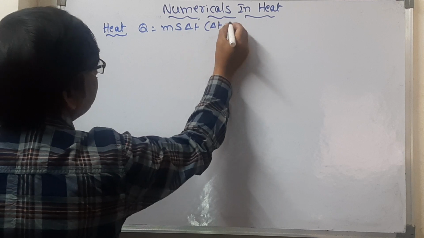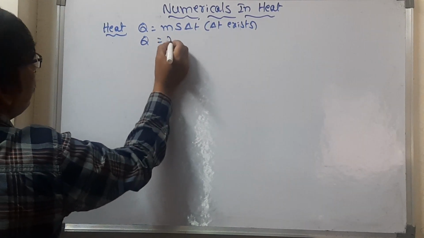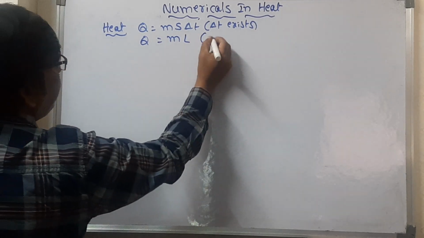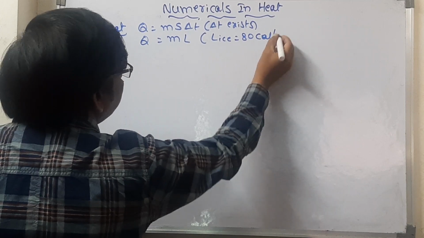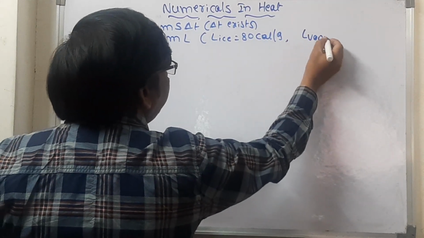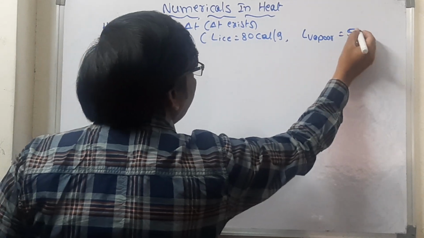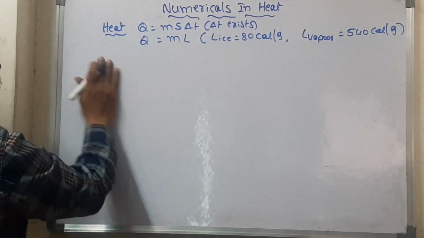And the second one is Q is equal to ML. Keep these L values in mind, sometimes they will be given, sometimes not. L ice, and L vapor, the latent heat of vapor, is equal to 540 calorie per gram. Now let us see how the sums are based on this.